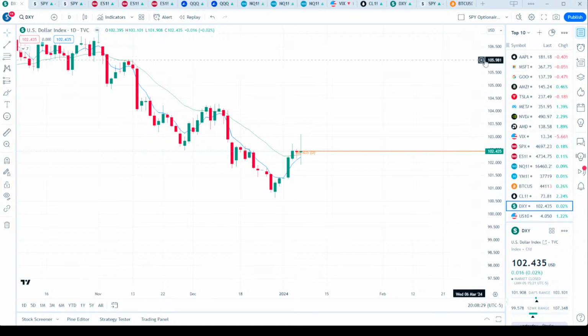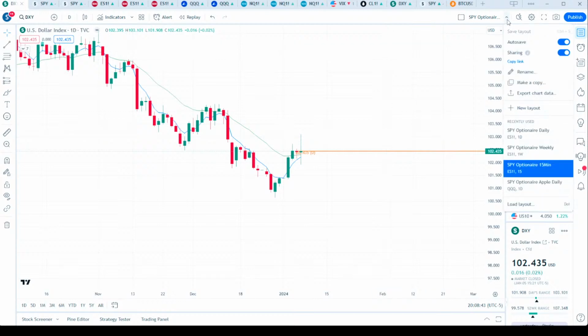So what is a layout? A layout is basically something that attaches your indicators, and it's not tied to a time frame, but rather to a layout. If you go up here, you can see all the different layouts I have. I have a daily, a weekly, a 15-minute, and then an Apple daily, which is basically something different.